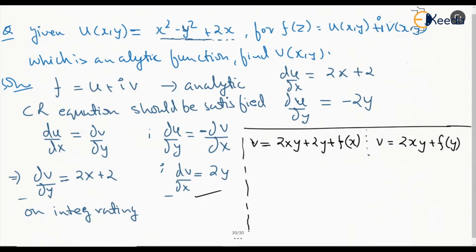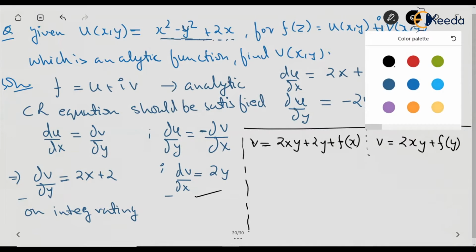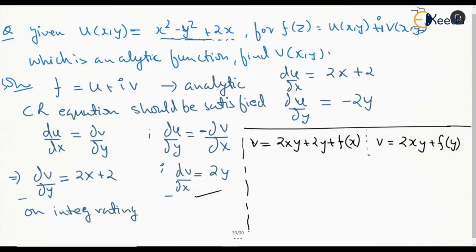So why did we write this extra term f of x and f of y? This equation we are integrating in terms of y, which means the x variable is to be treated as a constant. So there is a possibility that we may have a function which is explicitly a function of x.